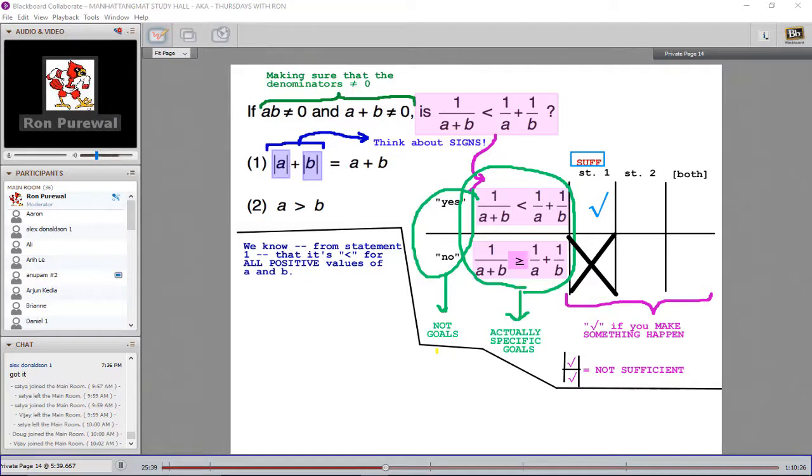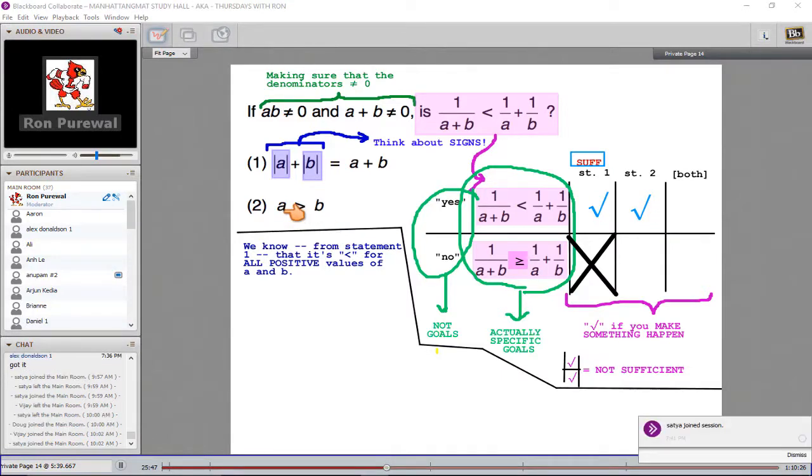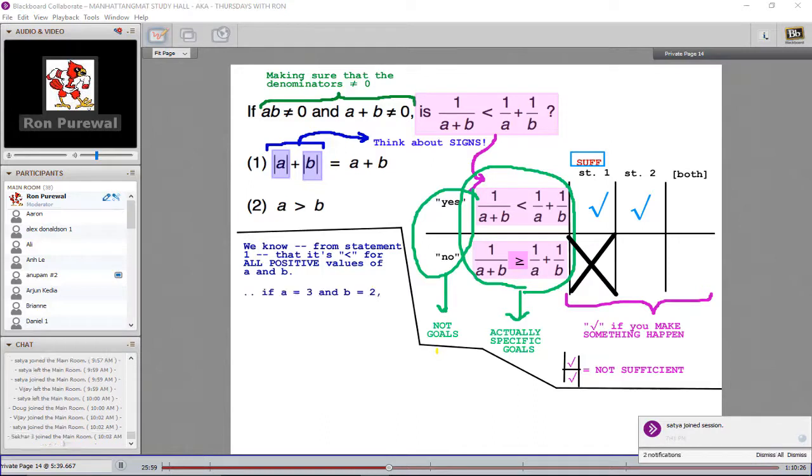So in other words, we know that we can check this box too. I mean, if you wanted to test a case, we could always test a case. But if I plug in a positive A that's bigger than a positive B, it's going to work out like that. So, for example, if A is 3 and B is 2, then the left-hand side is less than the right-hand side. Because that's just what always happens whenever they're positive.